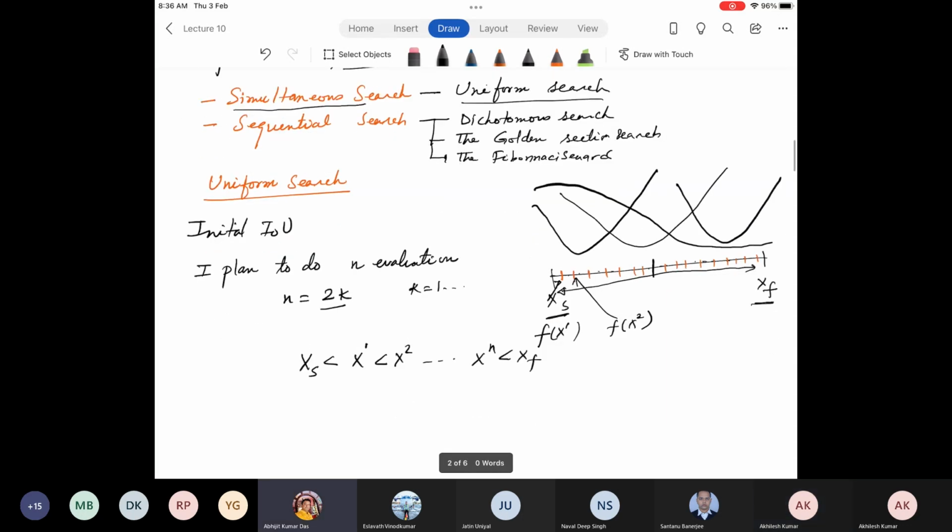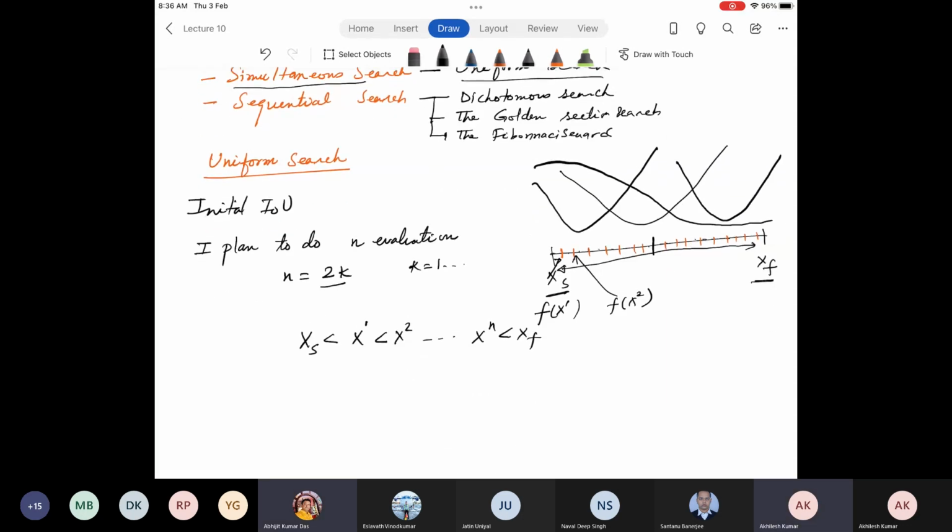I am having one doubt here. It is clear from the graph that we are taking this xs and xf on two sides of the minimum point. But suppose both are on one side, say both on the left side of the minimal point.